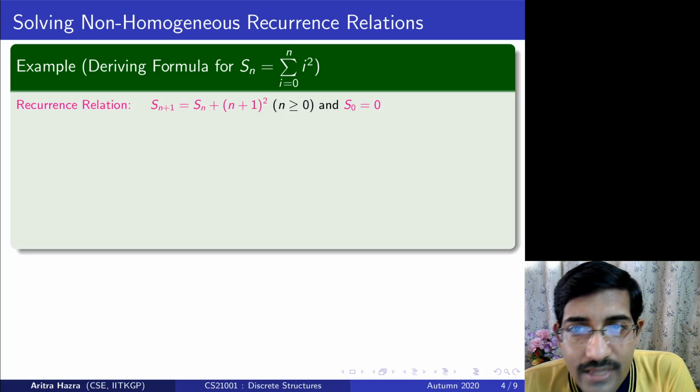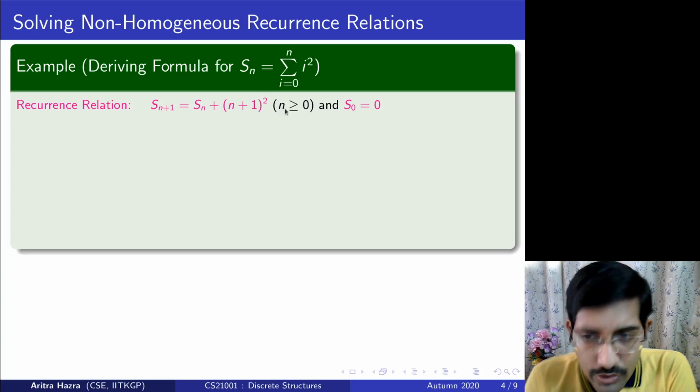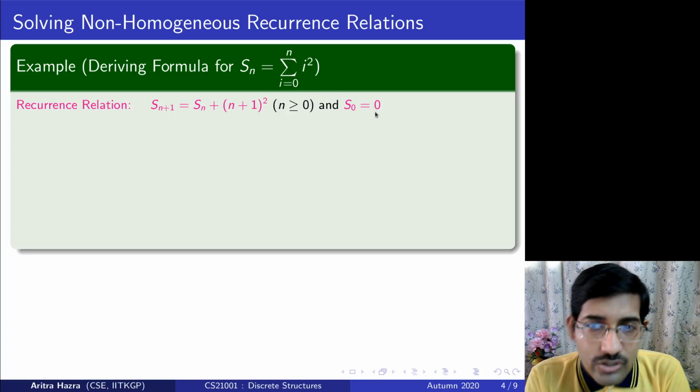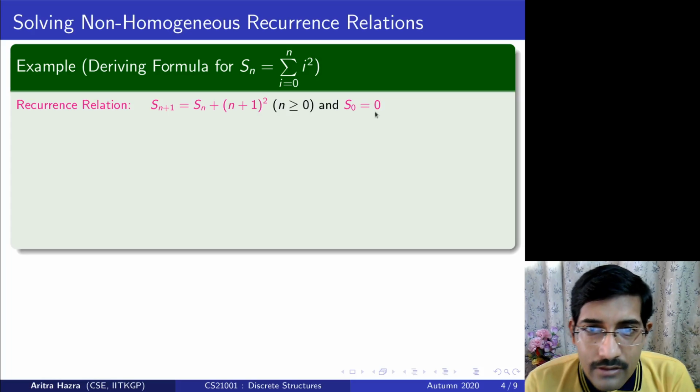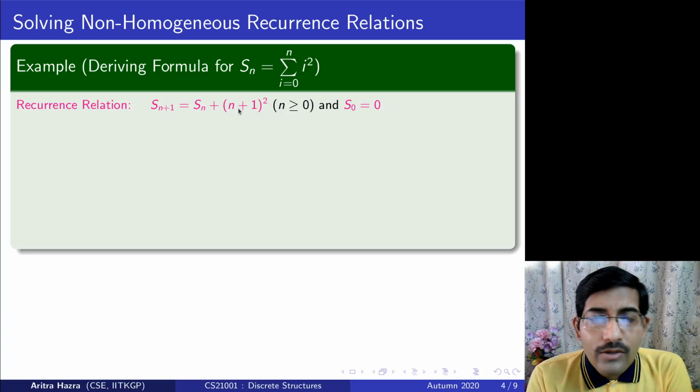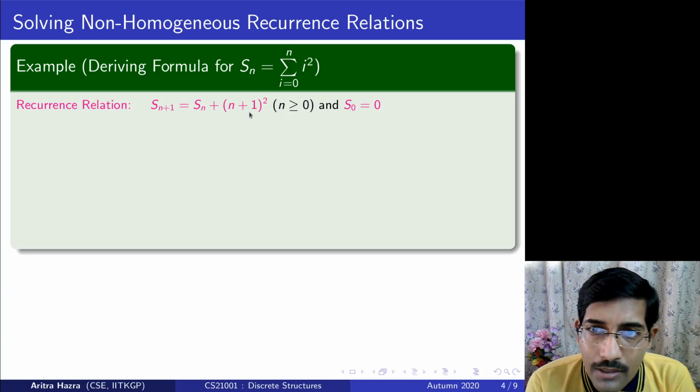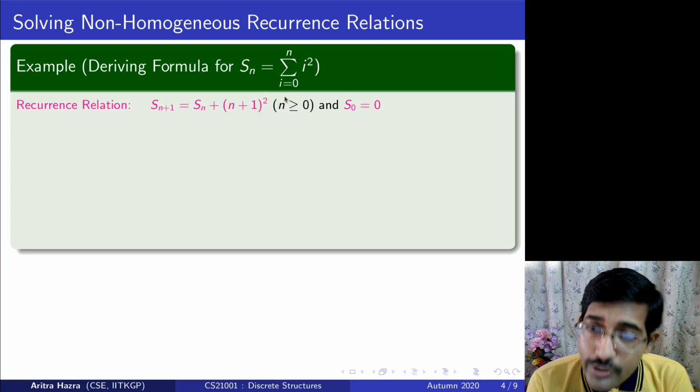So what is the base condition? It is S0, that is i equal to 0, it is 0 square, which is 0. Now again, this has a form called n plus 1 square. That means it has n square plus some constant into n plus some constant into n to the power 0.